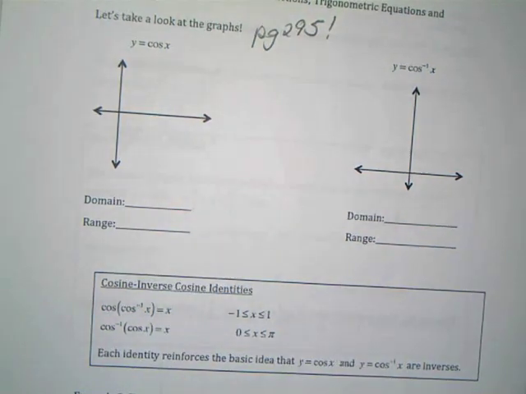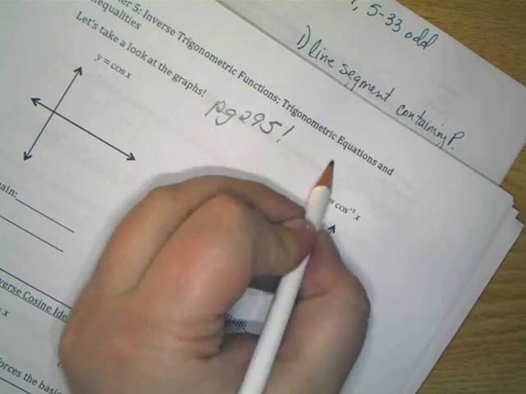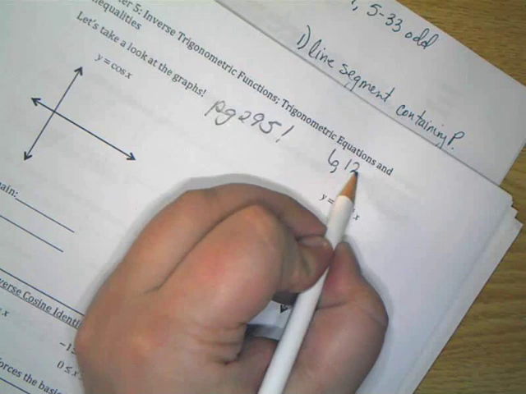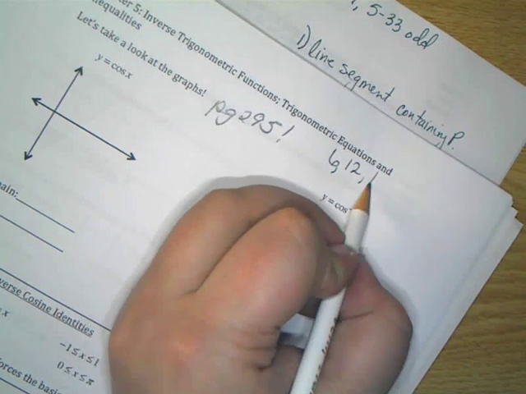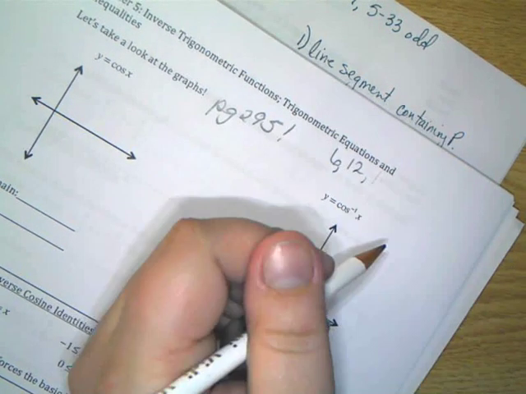And then if you could go ahead and try, let's see, what can you do? You could do 6, 12, oh, not 15, 15 is all special.